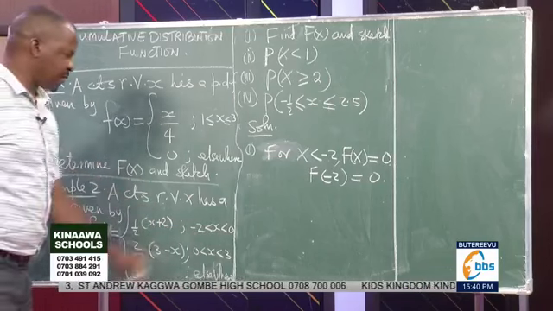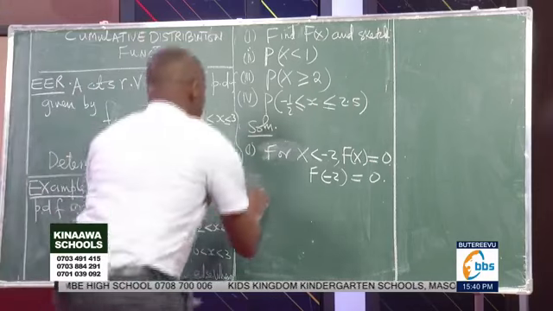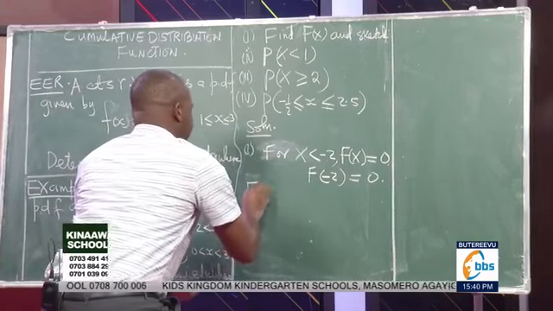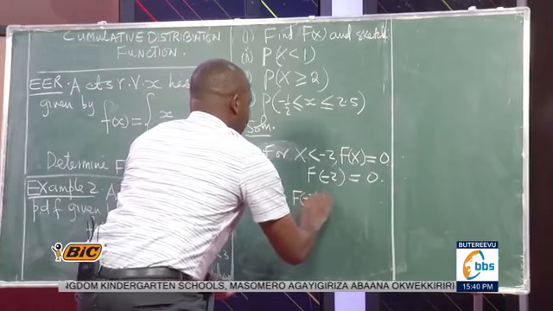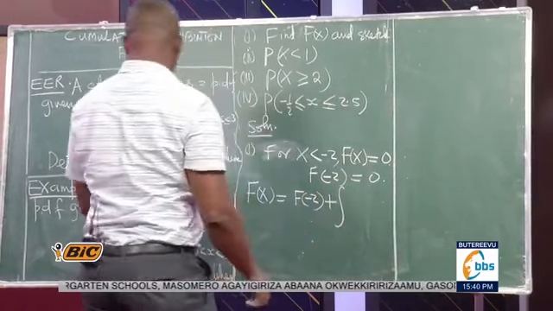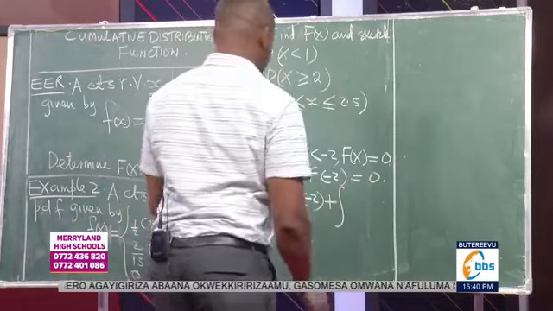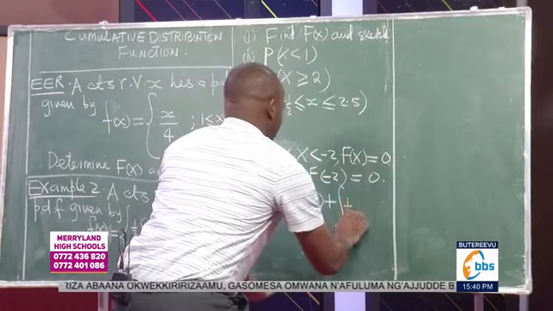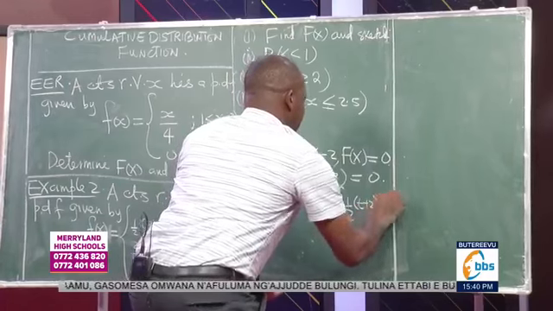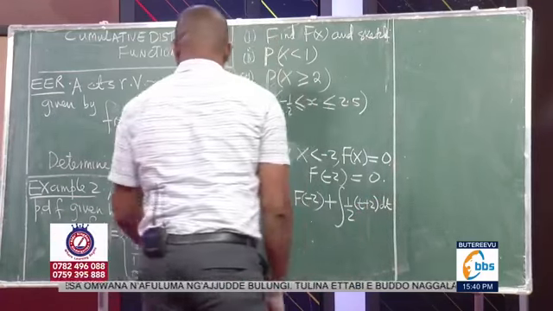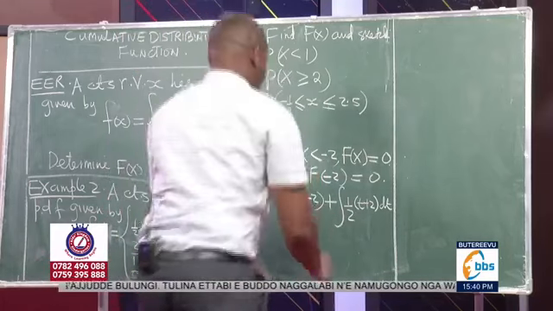The upper limit here is 0. So for us to get the function for f of 2, the cumulative function for x will be equal to f of -2 plus the integral. This x will be changed to our dummy, which we are using as t. So you shall integrate 1/2 into t plus 2 dt from -2 to x.